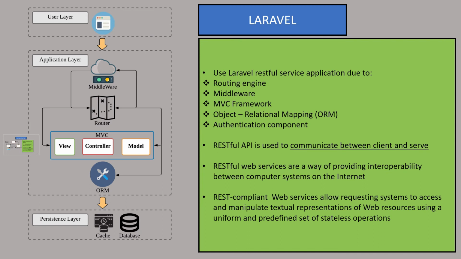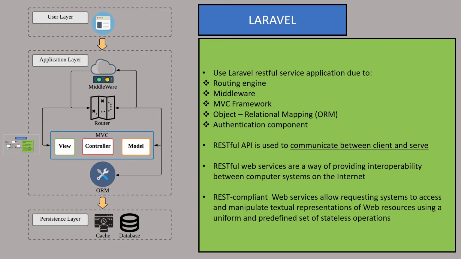Tools and techniques: as we already know, we are using Laravel. We use the Laravel RESTful service application due to its routing engine, middleware, model view controller framework, object relational mapping (ORM), and authentication component. RESTful API is used to communicate between client and server.